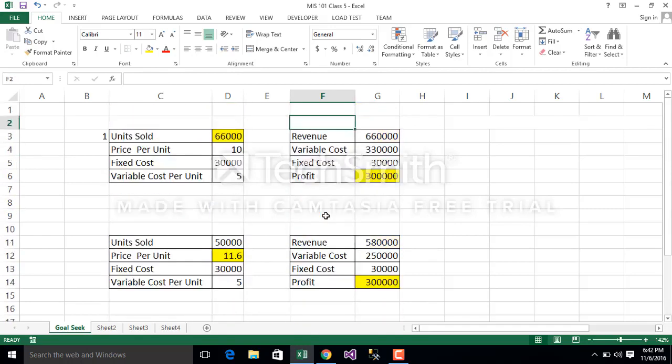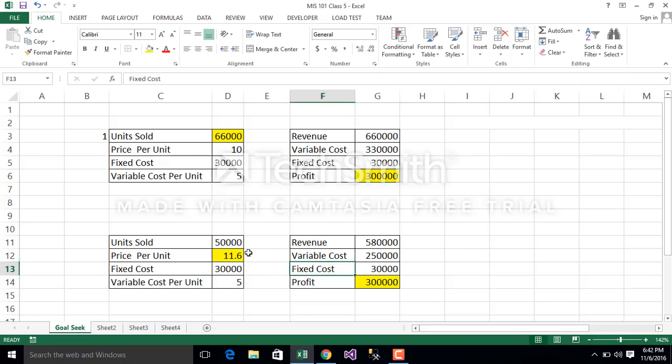So 3 things we can do. If we are able to increase our units sold to 66,000, then our profit will be 3 lakhs. The remaining price, fixed cost and variable cost will be the same.